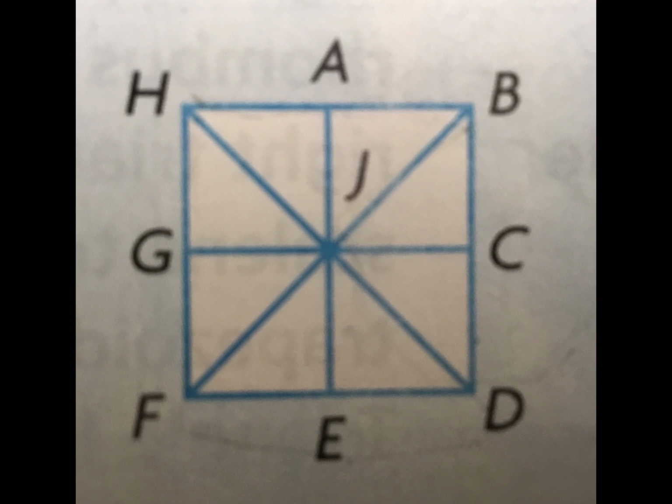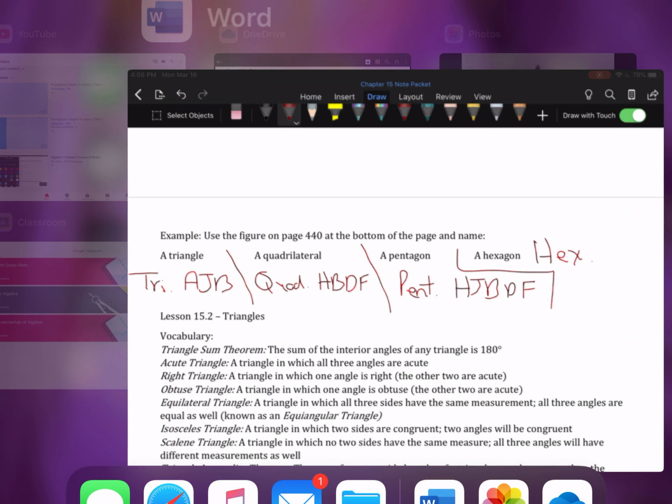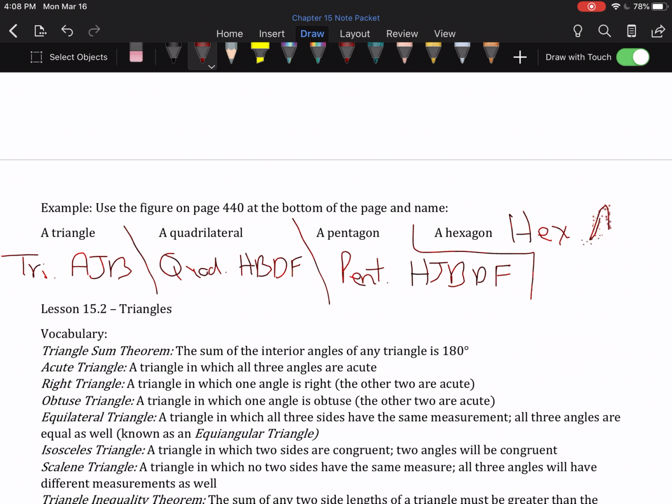So that's A, J, C, D, F, H. Ideally, you wouldn't write that name split over 2 sides, but I can't really make the paper any bigger on an iPad screen.